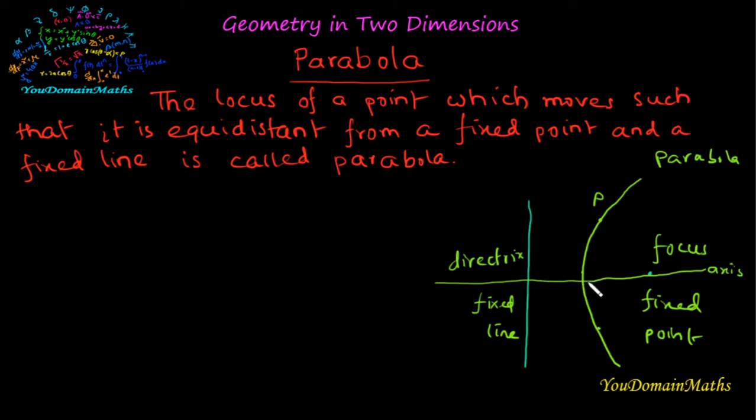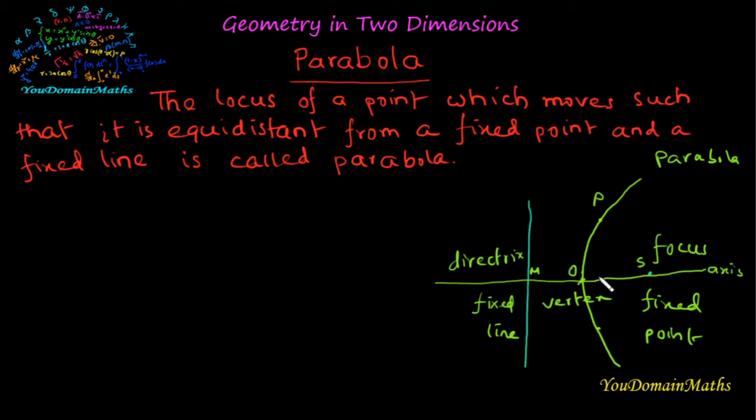The axis and the parabola intersect at a point. This is called the vertex. If this point is denoted by O, this is M and the focus is S, then it is easy to say OM equals OS for a parabola.